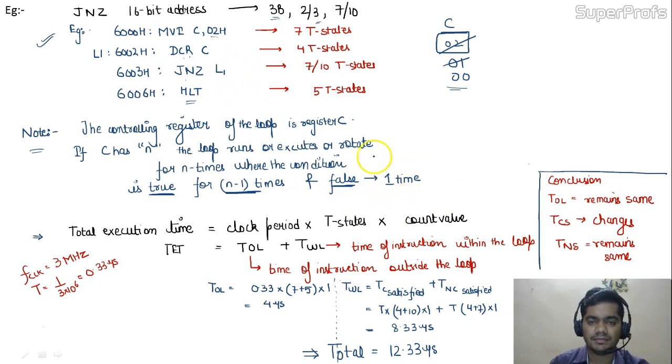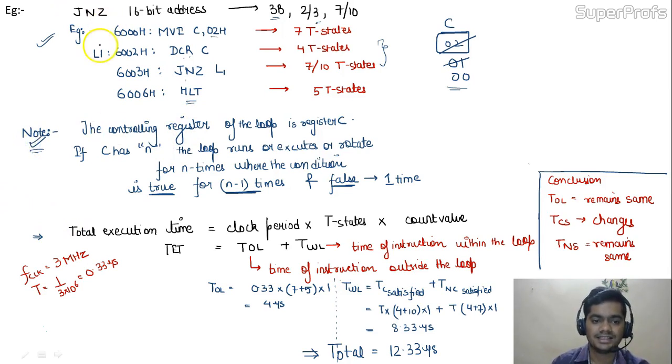So at one time it would work as a false condition, and the rest of the times it would work as a true condition. So here the data present is 02, and the loop runs for the true condition one time, and this jump instruction works as false for one time. So this is very important.